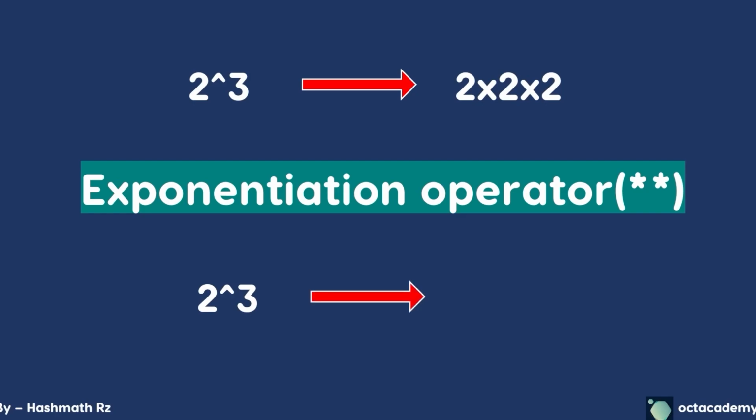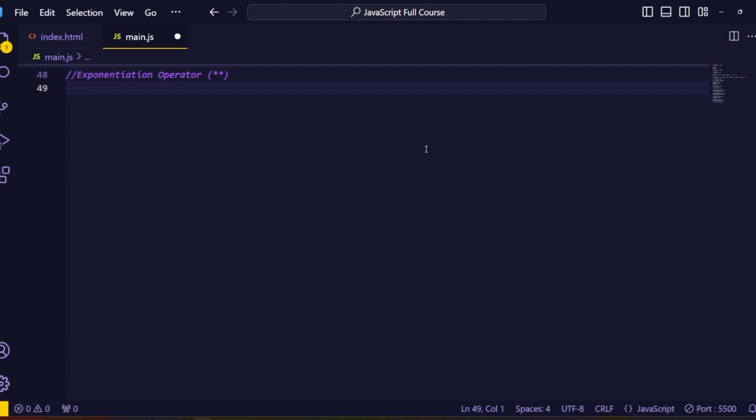Very simple. First add the main digit number, which in our case is 2. After this, the exponentiation operator symbol, double asterisk, and after this add the power value. So the power value is 3. That's it. So this will do the power calculation without repeating the multiplication symbol. So let's see this with our actual example, num1 and num2.